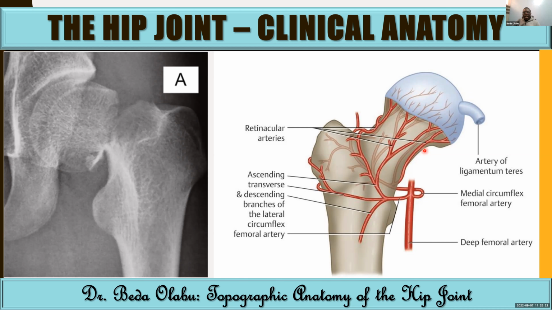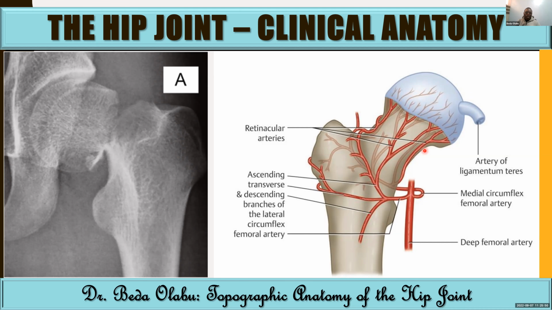Considering that the retinacular arteries are the chief source of blood supply to the head of femur, especially in adults, if you have a fracture dislocation of the femoral neck, it puts the retinacular arteries at risk of injury. If they're injured, it means that you're going to significantly affect the blood supply to the head of femur.